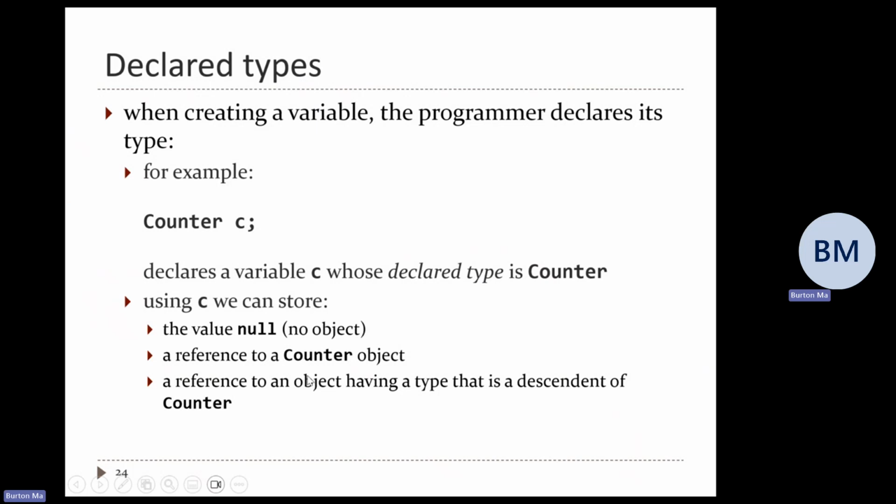If I have a Counter reference, I can store that reference in c. So I can store a reference to a Counter object, and I can store a reference to an object having a type that is a descendant of Counter. So if I have a StoppingCounter object, I can store a reference to that in c.